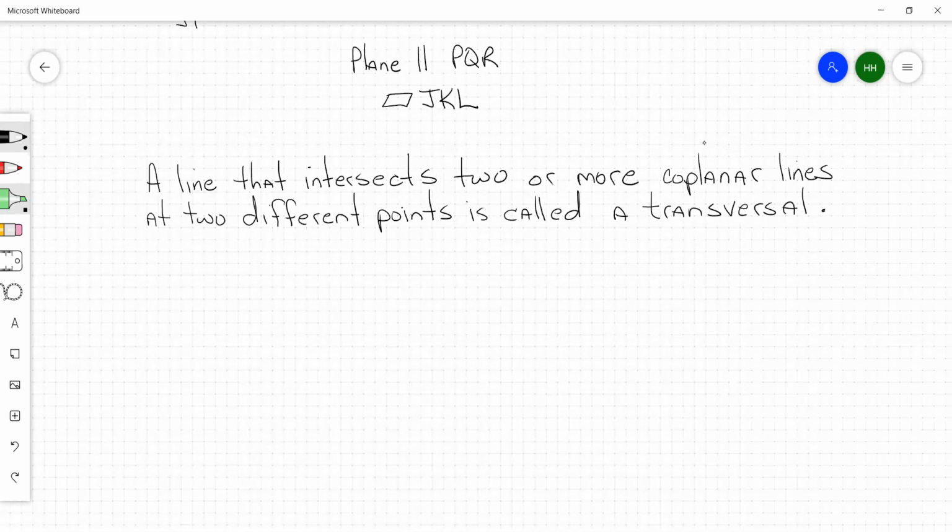A line that intersects two or more lines. One line that intersects two or more is a transversal. One that intersects two others.